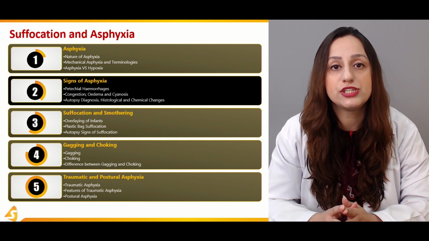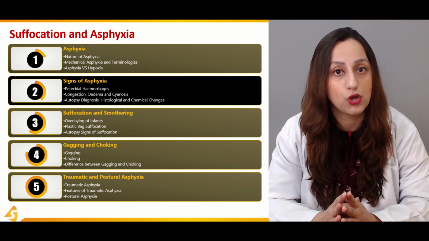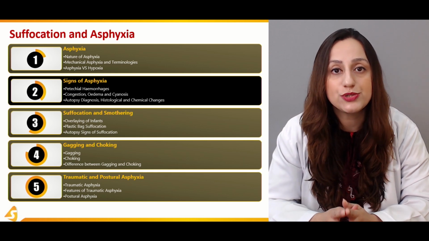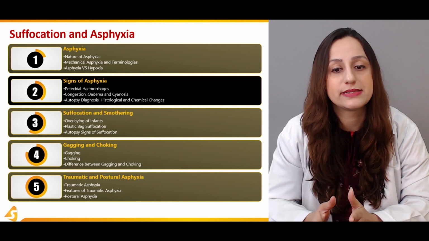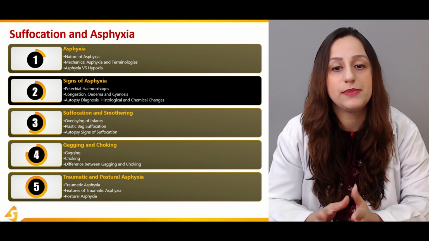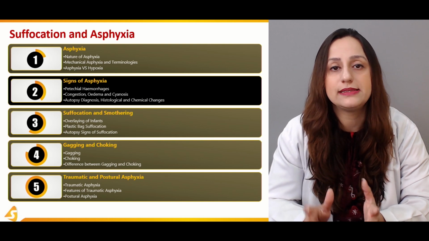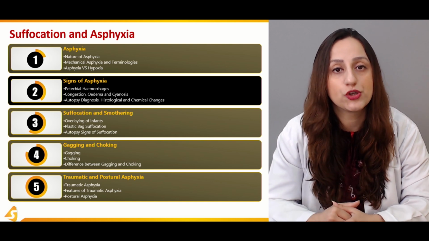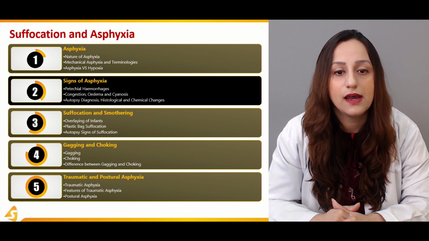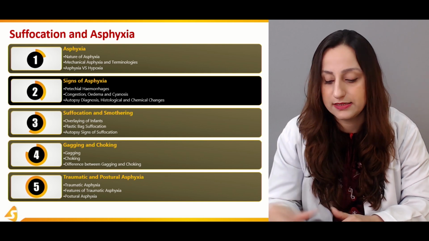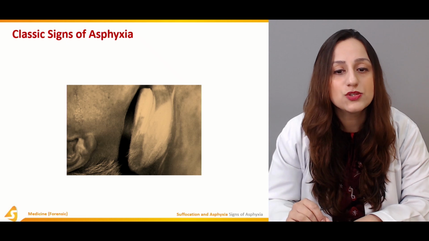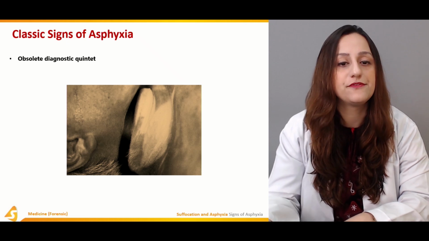These histological changes have to be marked by the chemical pathologist to whom we are going to send the tissue samples, and the blood samples have to be sent as well, and any changes at the level of the blood have to be documented, if there are any, to mark the asphyxial deaths. So the clinical signs of asphyxia are again very important.